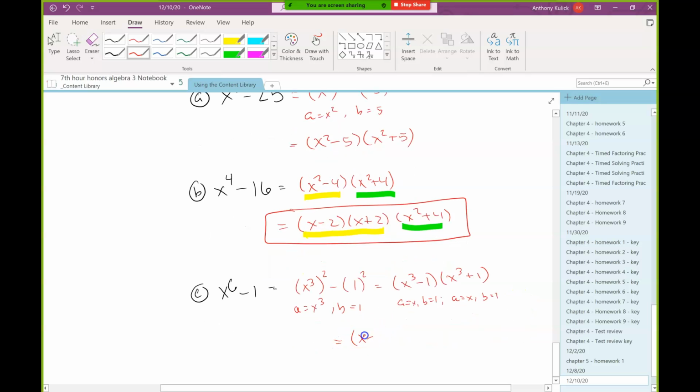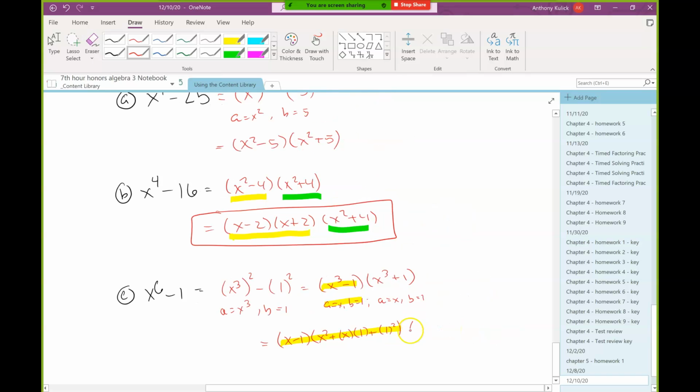So I apply my difference of 2 cubes. Get this, and I apply my sum of 2 cubes.